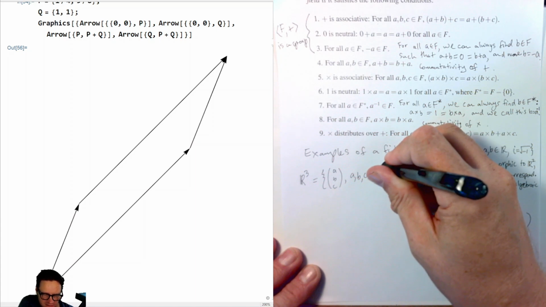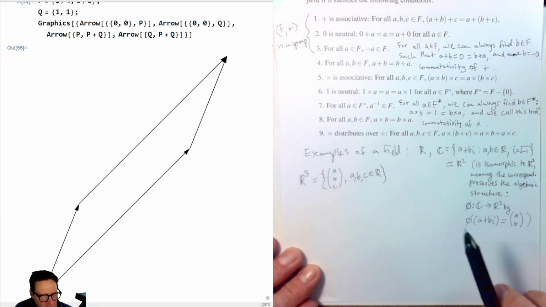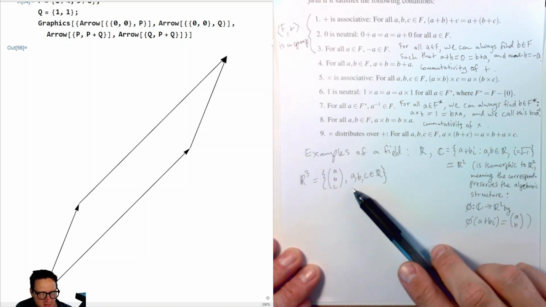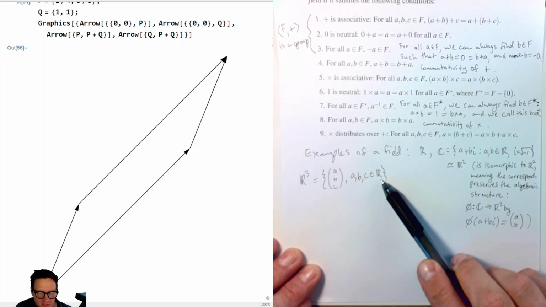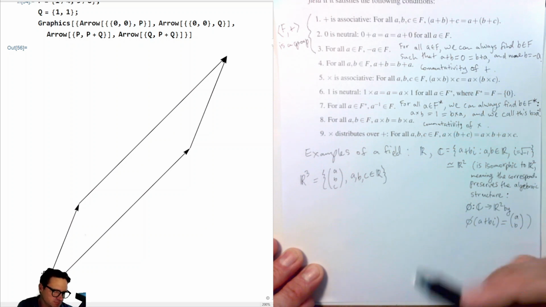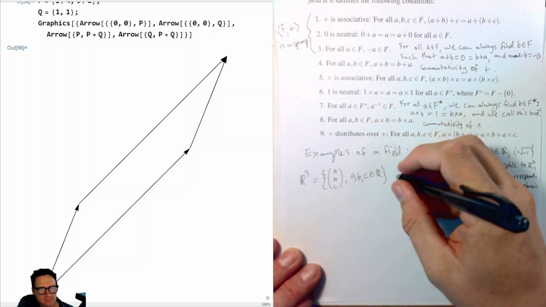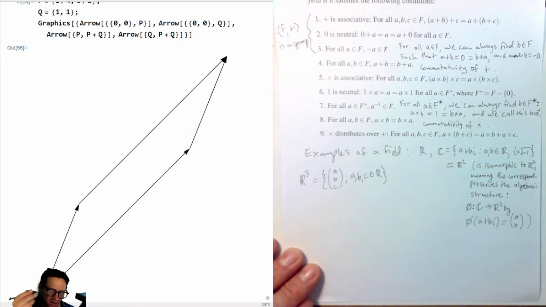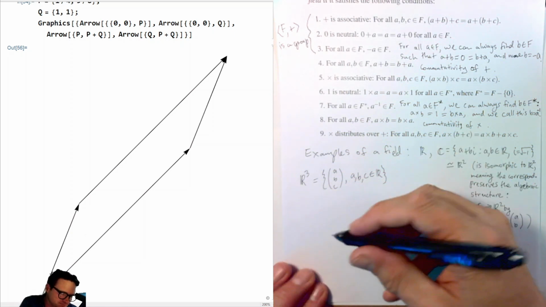Okay, so that's an example of both a vector space over this, but it's also a field. Or is it? Hang on. Anyway, okay, so not a field.